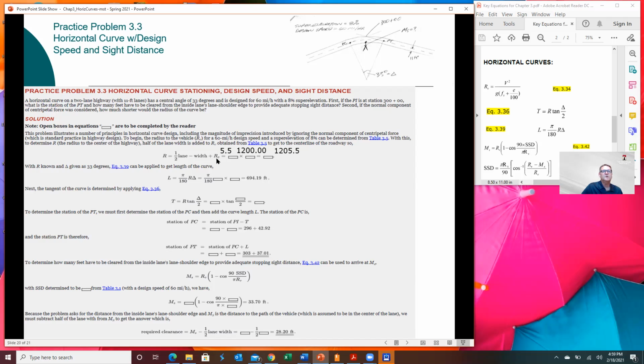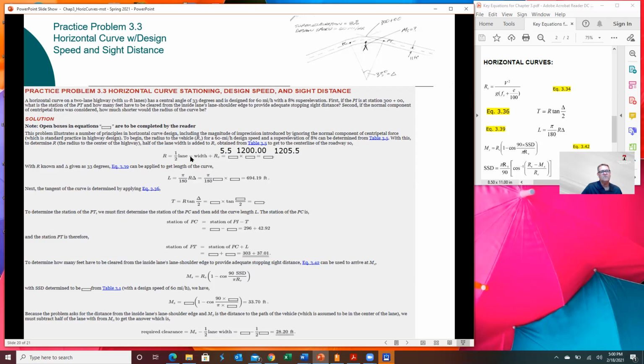So what you need to do is add half a lane width to that in order to turn R sub V into R. There's a couple of typos in this problem in your book. This should just say lane width. It looks like half lane minus width; maybe they tried to hyphenate lane width instead of writing it as one word.